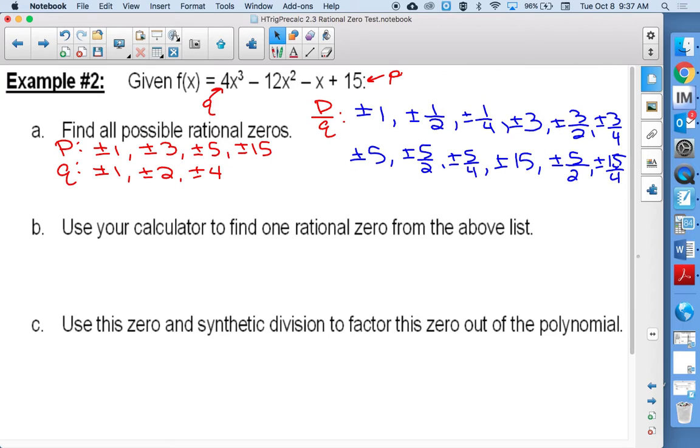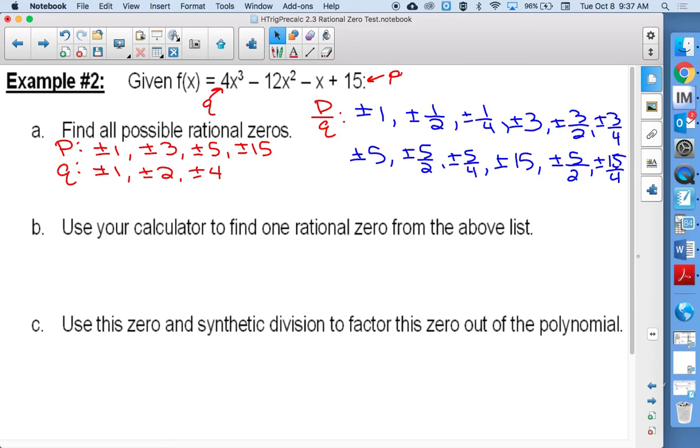So I would drop down the 4, multiply, get a -8, this is a -9, and I get a remainder of 6. And then I would say, darn, if I have a remainder of 6, that means the 1 isn't a 0. So then I'd have to try -1. And I would do the synthetic division, and I would hope and pray that I get a 0, because if not, then I'd have to try the next one of 1/2, or -1/2, or 1/4, or -1/4, until I found one that worked.